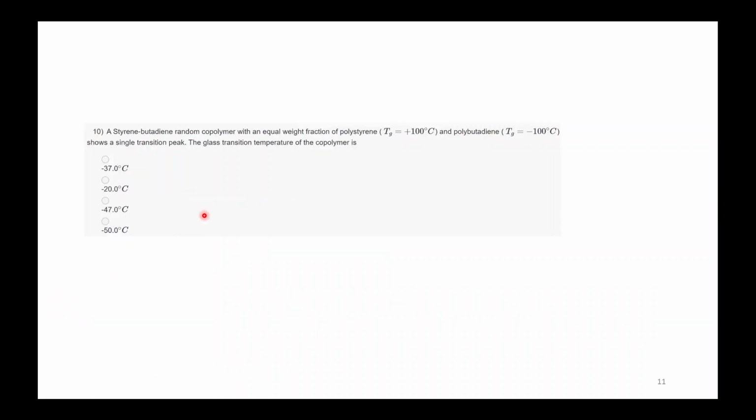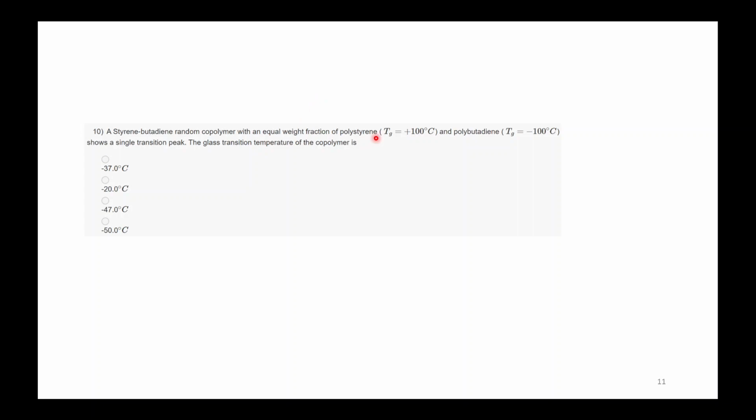Question number 3. A styrene butadiene random copolymer. We'll be reading about copolymers, but here it is a numerical based on that. With an equal weight fraction, so both have 0.5 weight fraction, if we take the total as 1.